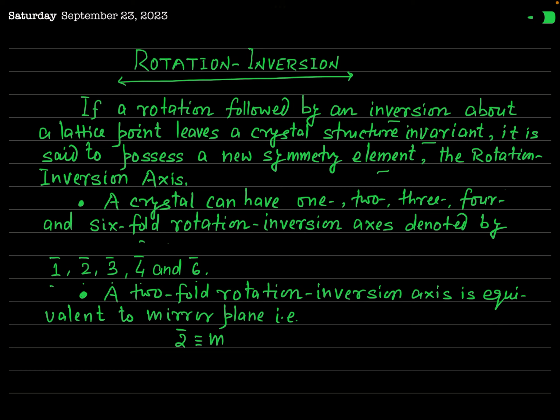And so a crystal can have only 1, 2, 3, 4 and 6-fold rotation inversion axes, and these axes, as I have told you, are denoted by 1 bar, 2 bar, 3 bar, 4 bar and 6 bar. Okay.